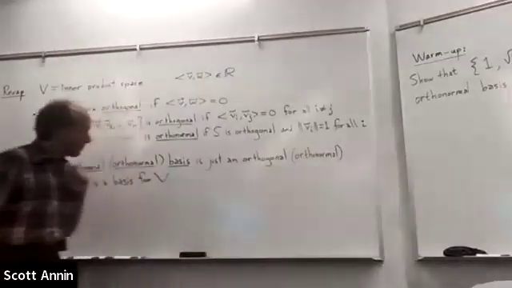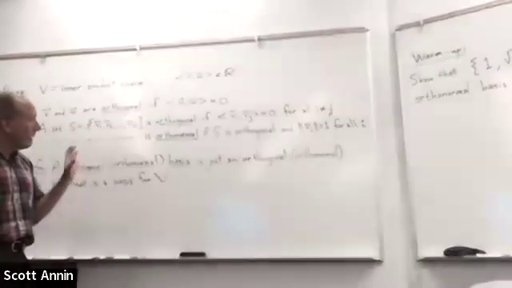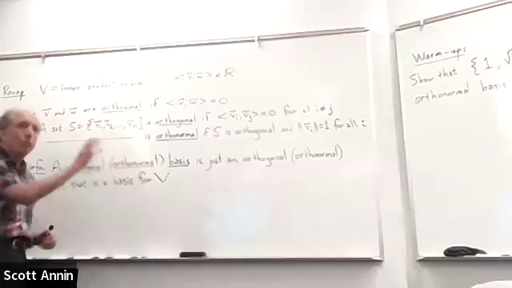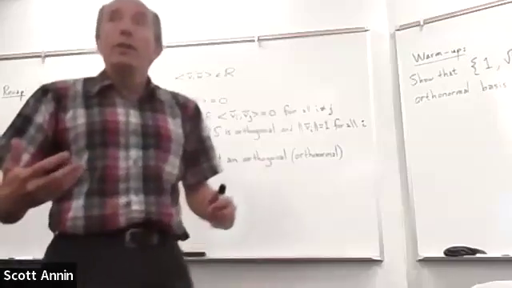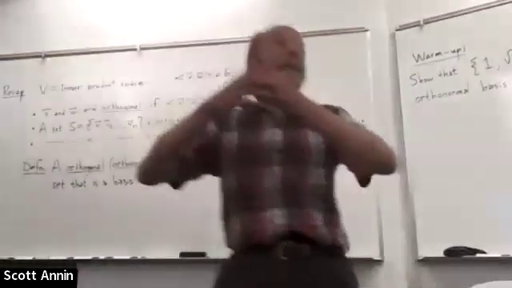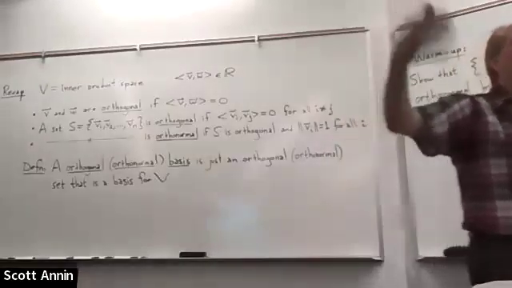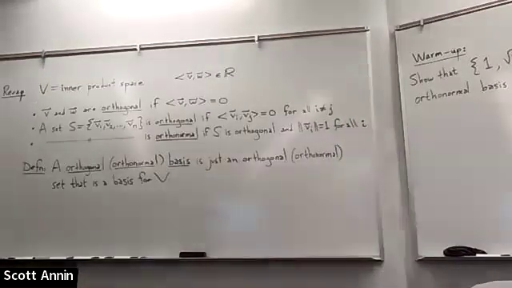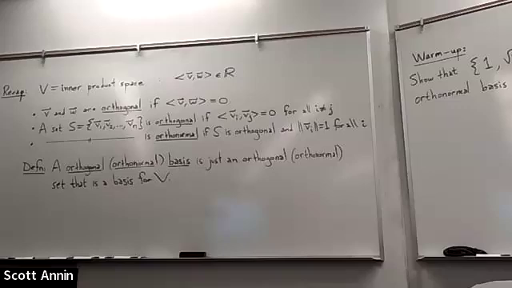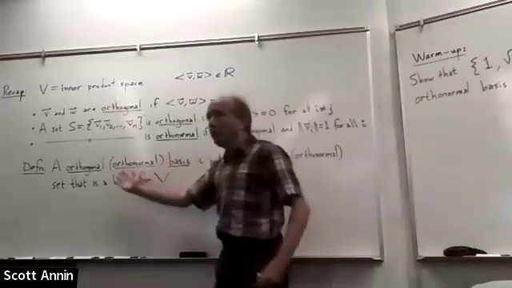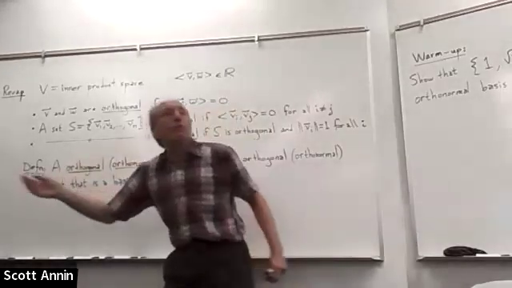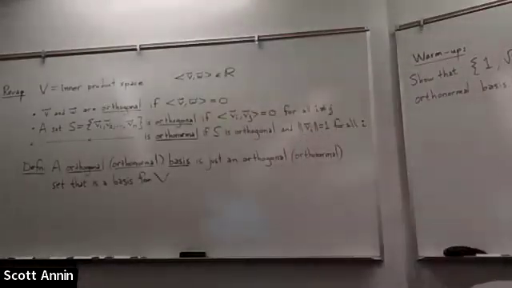And again, if you have an orthogonal or an orthonormal basis, not only can every vector in the vector space be expressed in terms of that basis, we know that from chapter 4, a basis is a spanning set, so every vector can be written in terms of that basis. But we also have some pretty substantial computational simplicity.